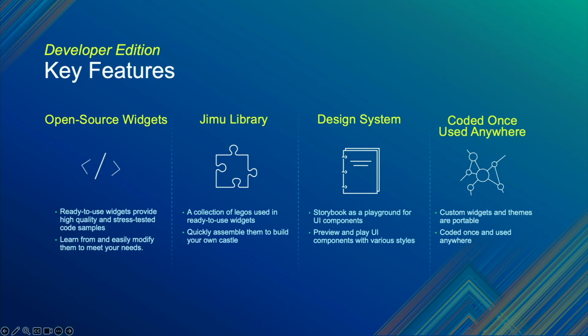Storybook is a UI development environment and a playground for UI components. In ArcGIS Experience Builder, we can use Storybook as a standalone and isolated environment to document and preview the UI components in the jimu UI library and the theme core variables available for customization as well.